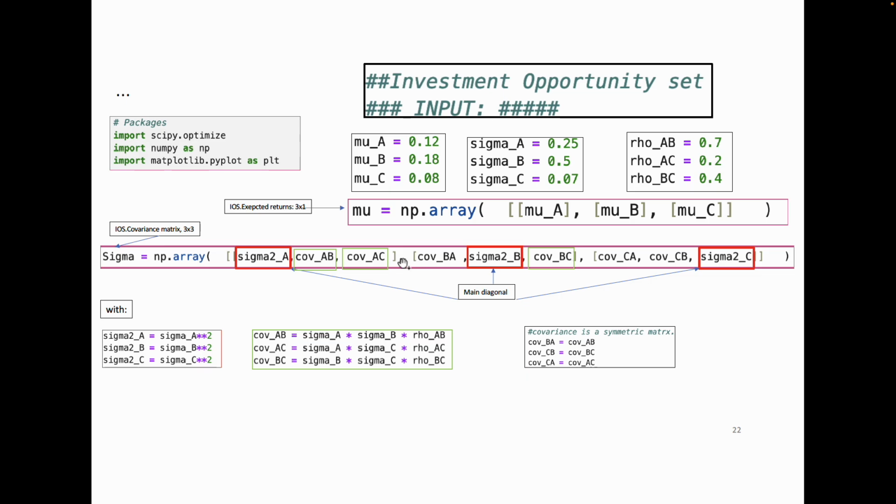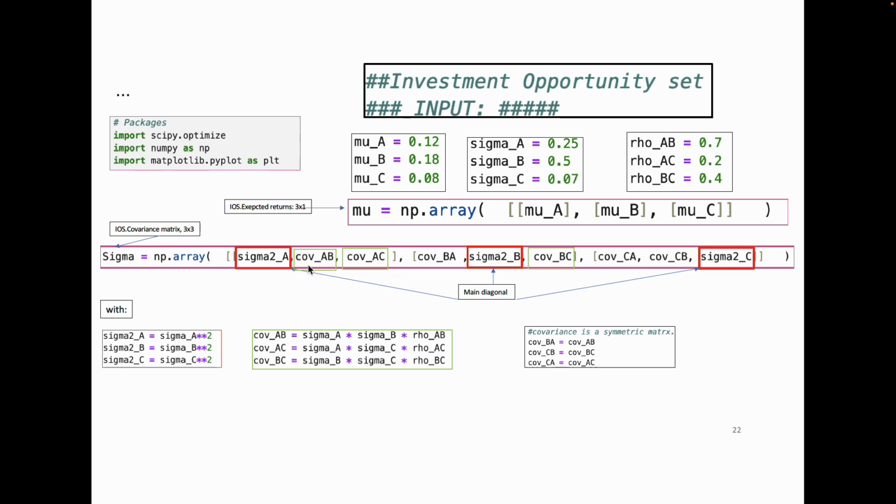We talked about these commas, which give us different rows. So I see in red, these are my main diagonal elements. So it's sigma square A, sigma square B, sigma square C, which need to be known before I assign it in. So I've been writing it here a bit mathematical with double dot, so I just square all of these. And then I have my covariance terms, where I also wanted to use symmetry.